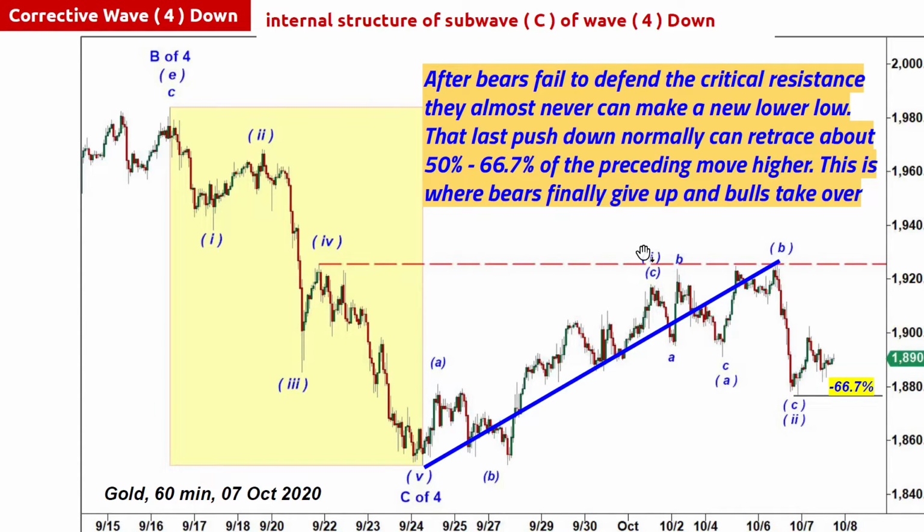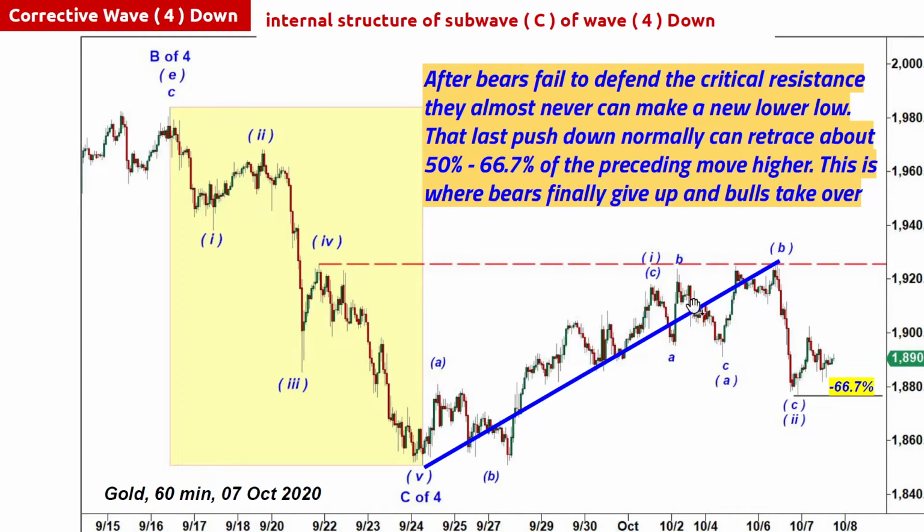If that happens, you know you deal with a very bullish market. Yes, there will still be one more push down in subwave C, which would complete that ABC down structure. But then the underlying strength of bulls will manifest itself and you are going to get a very strong rally.